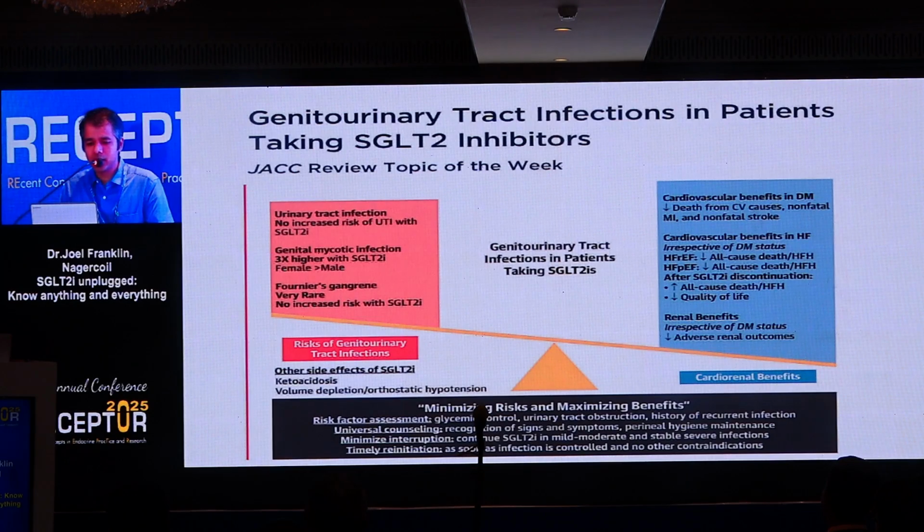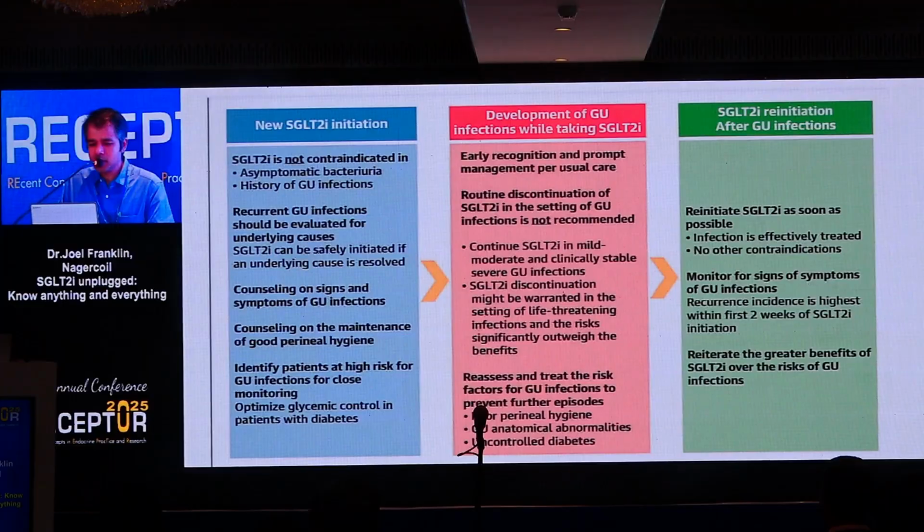From all the data, what they are seeing is that SGLT2 inhibitor is not associated with an increased risk of UTI, but there is a 3 times higher risk of genital mycotic infection with SGLT2 inhibitors. Females are more affected than males, and Fournier's gangrene is very rare and is not associated with increased risk of UTI.